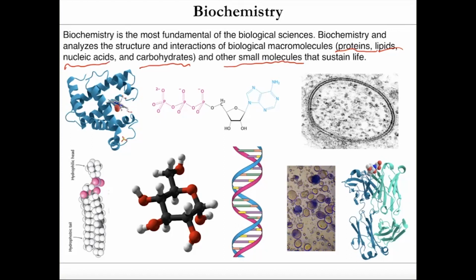It's really been a very successful discipline, especially throughout the 20th century, which is sort of its heyday, to explain how biological systems work, because biochemistry is so fundamental. So here we have a protein that's binding oxygen, that is myoglobin.